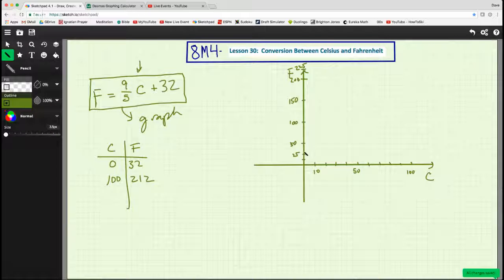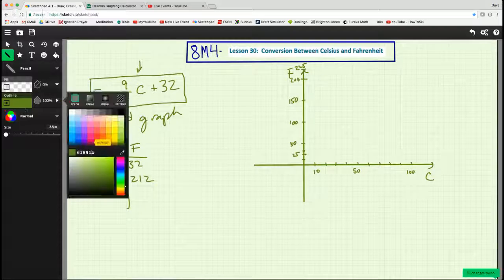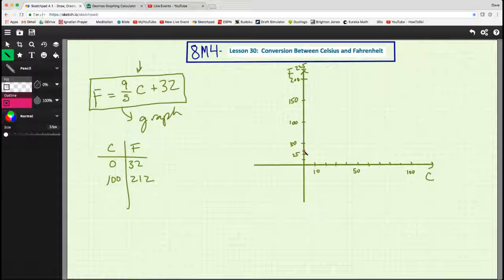So 0, comma, 32. See, this is right about, that's 37. 32 is going to be right about here. Let's graph this in a different color. So that's 0, comma, 32. And then we have 100, comma, 212, which is right about here.